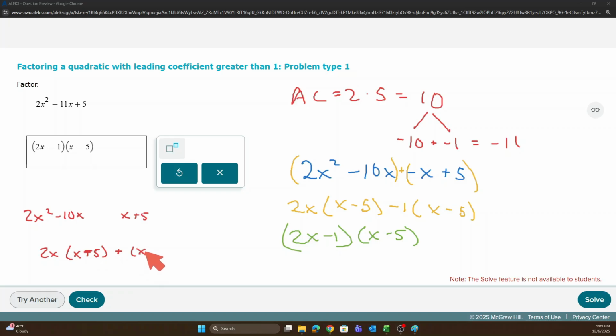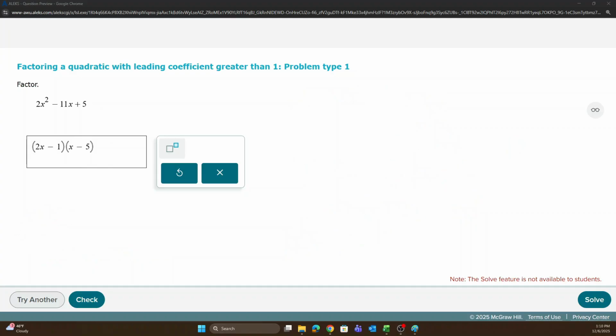And then you'd get x plus 5, and that's not right, because you can't factor anything out of that. So you would have ended up just getting yourself stuck and not getting an answer that made any sense. Plus, if you multiply these things together, you get this. All right, so let's go ahead and move on to the next problem.